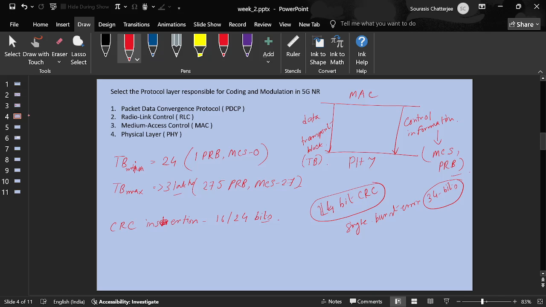What is this polynomial called? It's a generator polynomial, right? Yeah, generator polynomial. So this CRC append block basically treats this transport block as a string of binary numbers and employs a generator polynomial. By the way, does the receiver have knowledge of this generator polynomial?